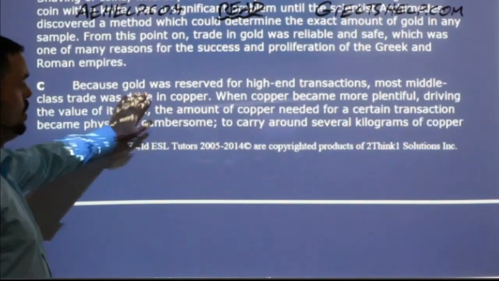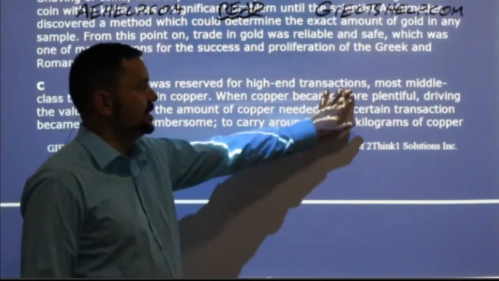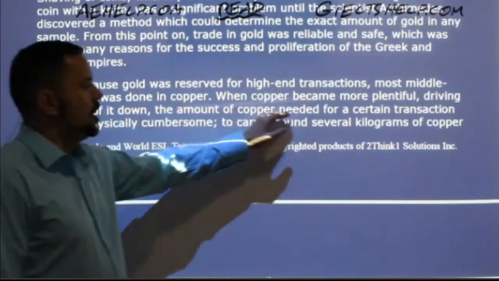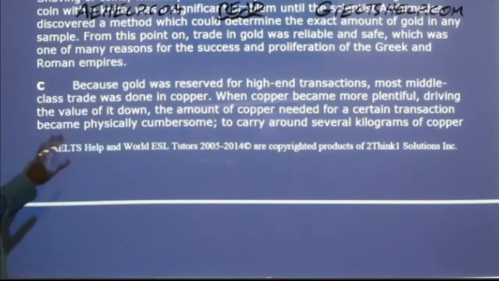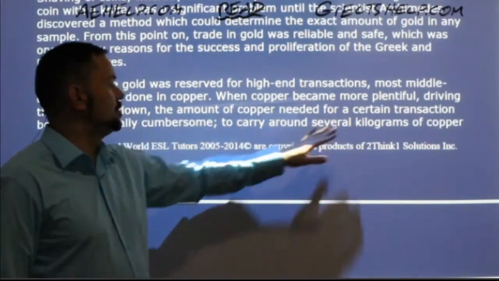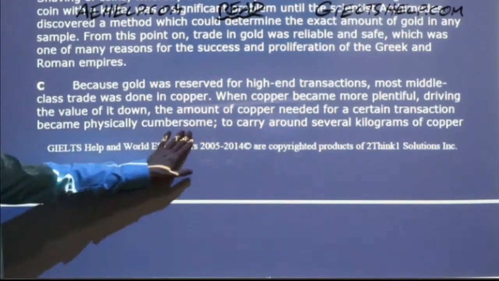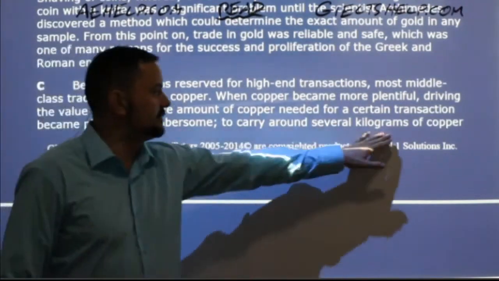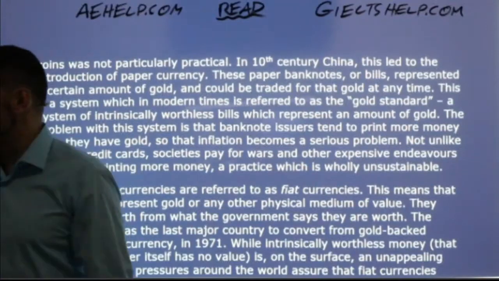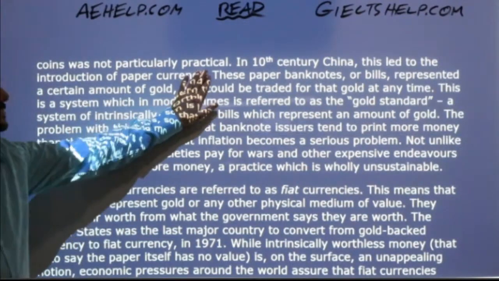Because gold was reserved for high-end transactions, most middle-class trade was done in copper. When copper became more plentiful, driving the value of it down, the amount of copper needed for a certain transaction became physically cumbersome. To carry around several kilograms of copper coins was not particularly practical.